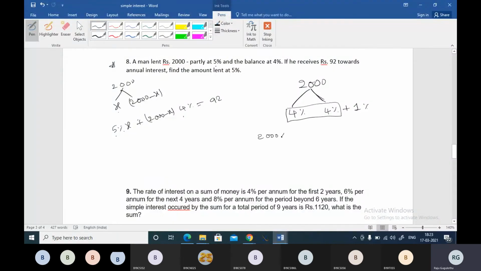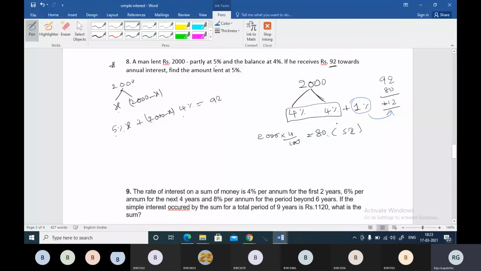So I find 2000's 4%, that is 80. This should be the simple interest when I lend the total 2000 at 4%. Now how much have I received? I have received 92, but I should get 80. Extra 12 rupees I have received due to this 1%, boss. You will have to understand this.